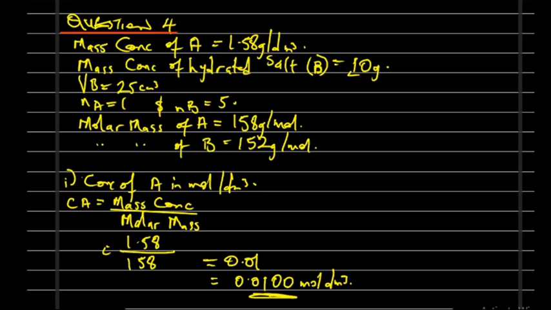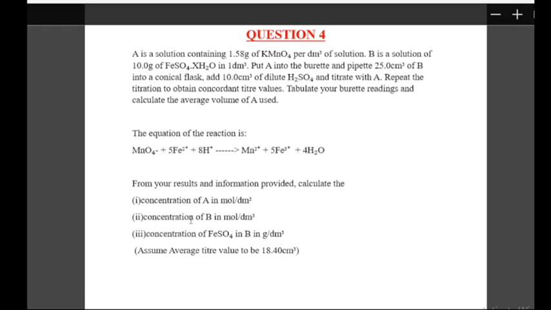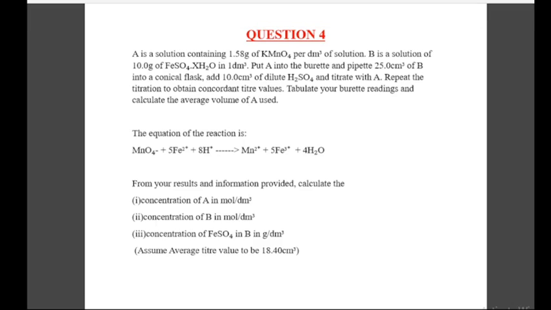And then we move to the next question, which is question 2, the concentration of B in moles per dm³.